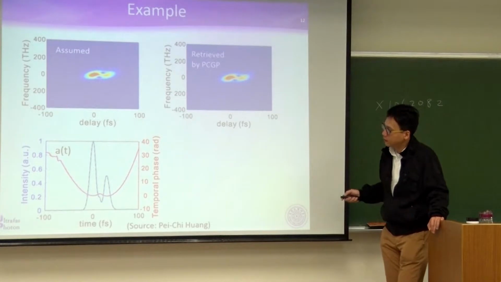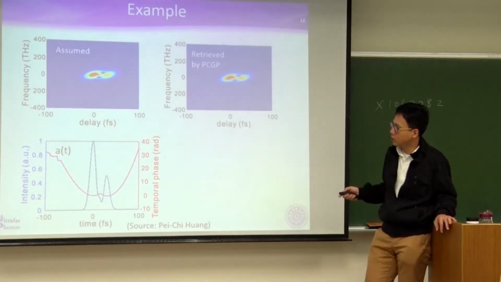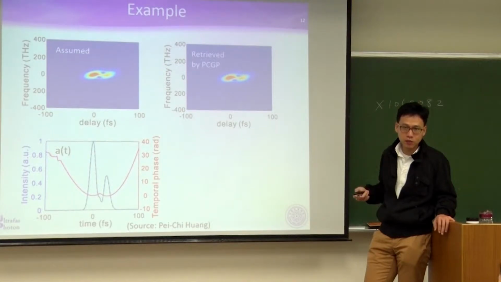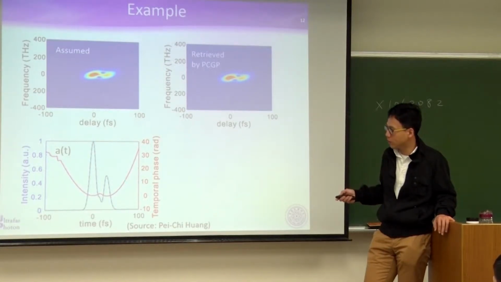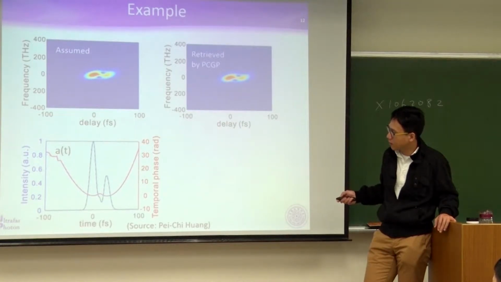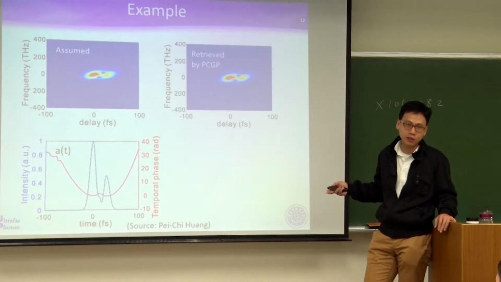And this figure shows the retrieved A of t, the signal pulse in the time domain. You see the intensity distribution here, a double peak pulse. Suppose the iterative Fourier transform algorithm will have some problem in this case, but in PCGP it looks pretty well. And this is the temporal phase function. And for either phase or intensity, actually there are two curves there.